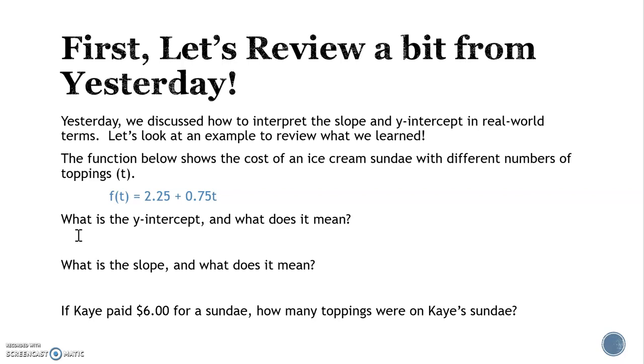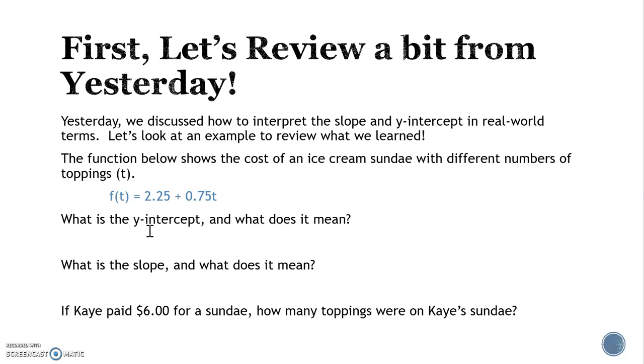Well, what does t mean? T is toppings, right? So t is 0. You have no toppings. What's going to be the cost of your sundae when you have no toppings? It is 2.25, right? Right here. 2.25 is our y-intercept. So let's put that in real world terms in the context of this problem.